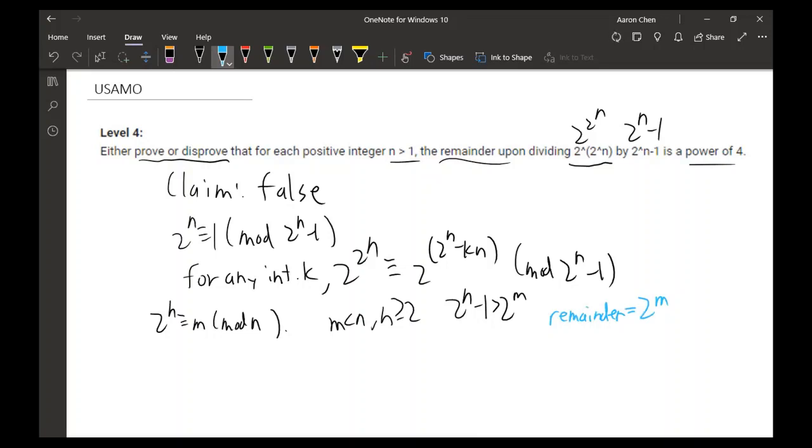What that means is, in order to show that this is false, we would need that 2 to the power of m mod 2 to the n minus 1 is an odd power of 2 for some n.